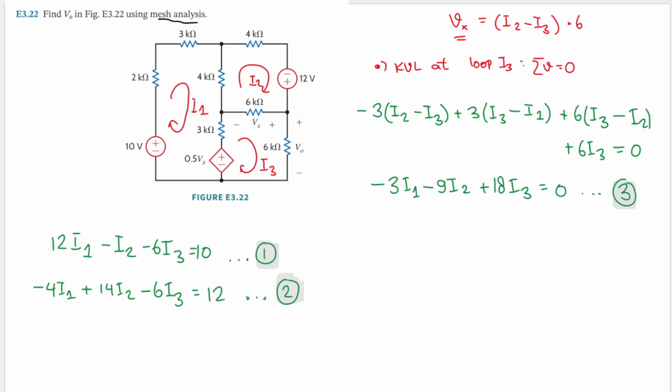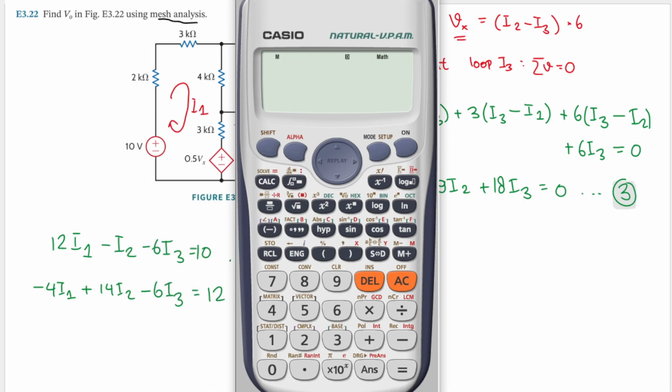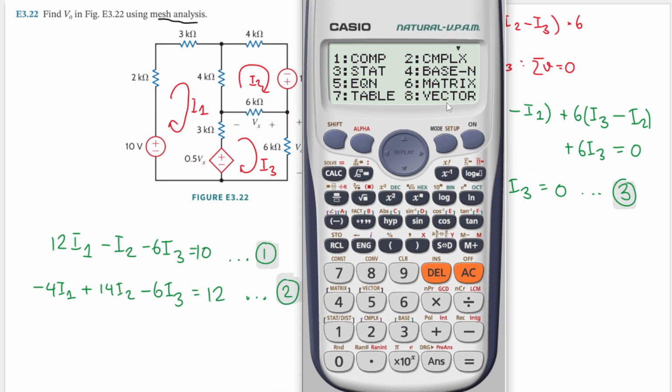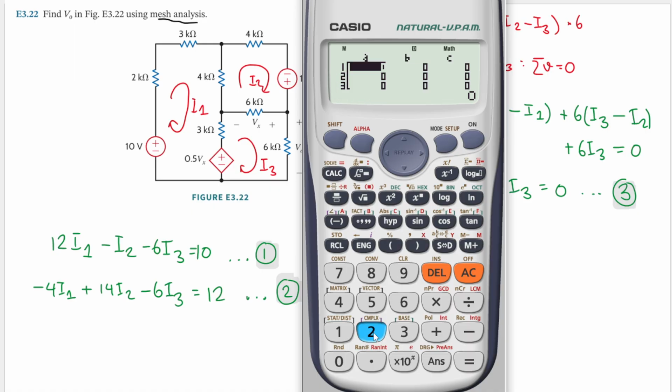Okay, let's use our calculator to solve this. Let's set our calculator as equation solver, which is number 5. And then let's plug in the coefficients for 3 variables, which is number 2. So we'll have 12, then minus 1, and then minus 6, and then that will equal 10.